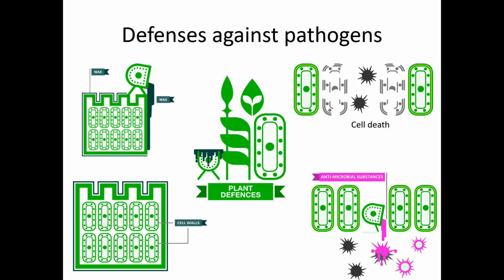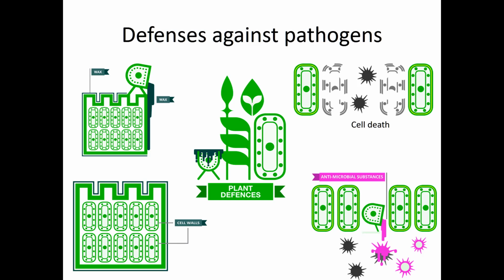Inside, the plant cell walls are very strong and very thick, and they typically are able to keep most plant pathogens out. Should a plant pathogen come in, plants are able to have programmed cell death in a manner that allows those cells to die off and stop the spread of the pathogen from within the plant.